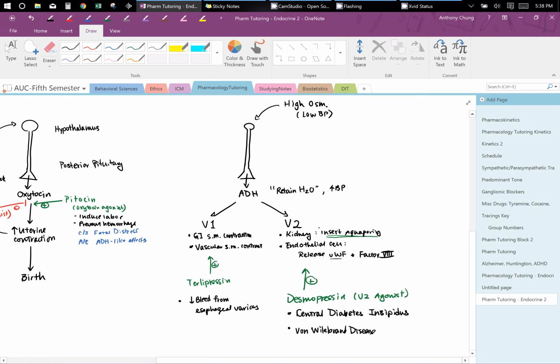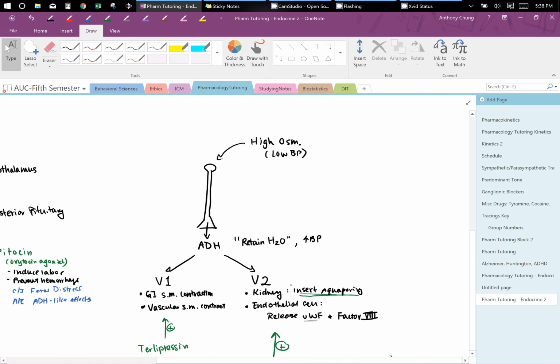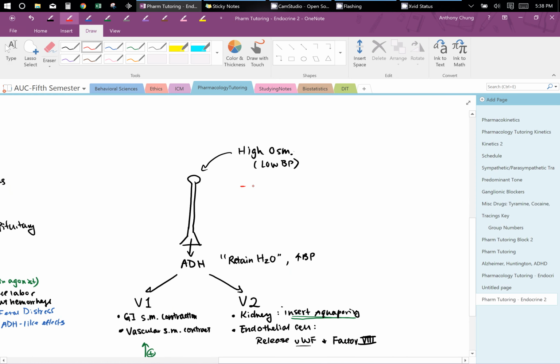There are two drugs that end in vaptan. There's conivaptan and tolvaptan.